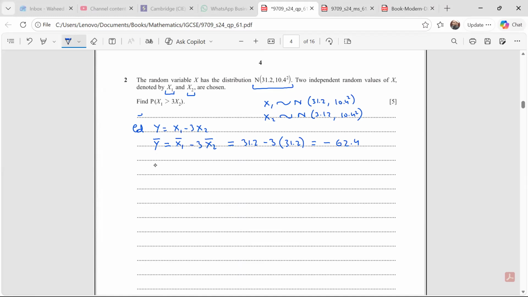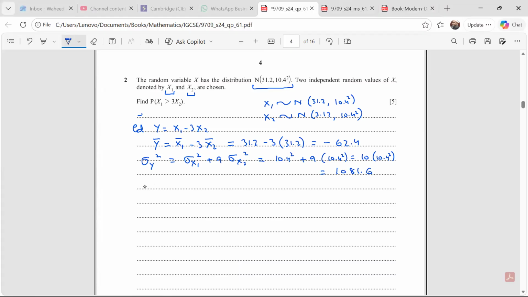Similarly, if I want to calculate the variance of this new random variable, it is going to be the variance of x1 plus 9 times the variance of x2. So that is going to be 10.4 squared plus 9 times 10.4 squared again, which is 10 times 10.4 squared, which comes out to be 1081.6.